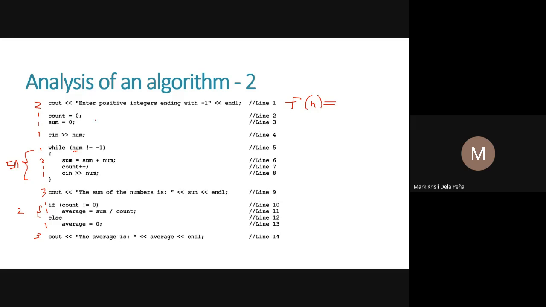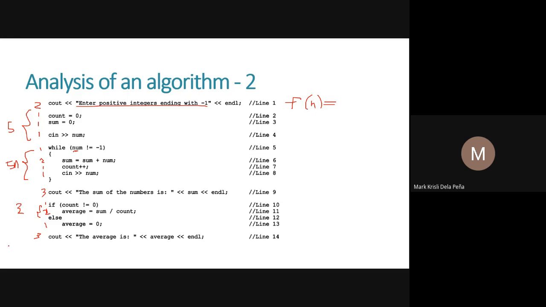Line 1 to 4, yeah, this is 5 operations. Then lines 10 to 13, I'm sorry, this is 2. So this is 3. Yeah, that's correct. That's 14.